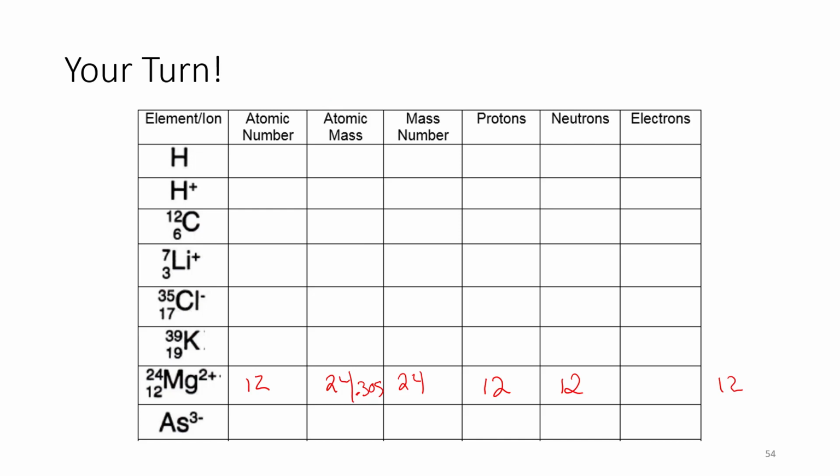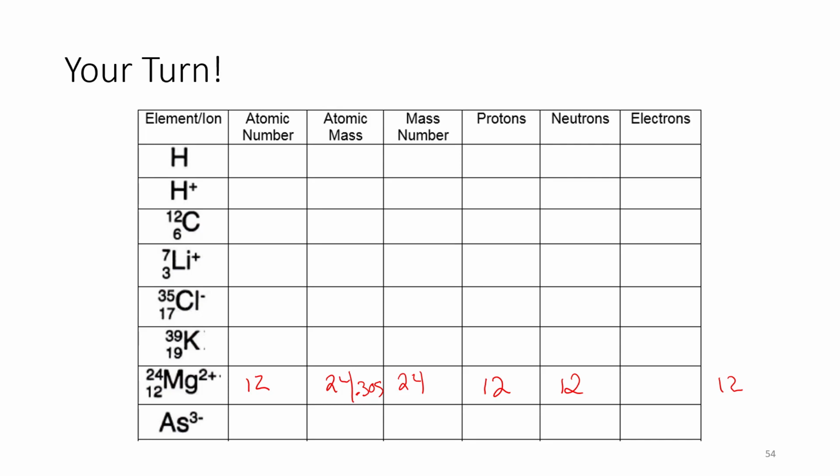But it's charged. It has a charge of 2 plus, which means that it became more positive by 2. In order for an atom to become more positive, it has to lose electrons, because remember, electrons have a negative charge. So you have to give up negativity to become more positive.